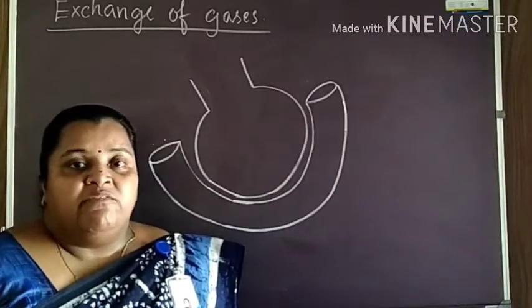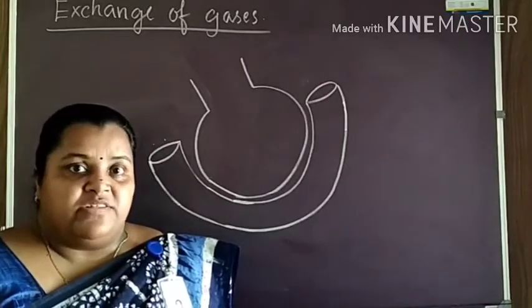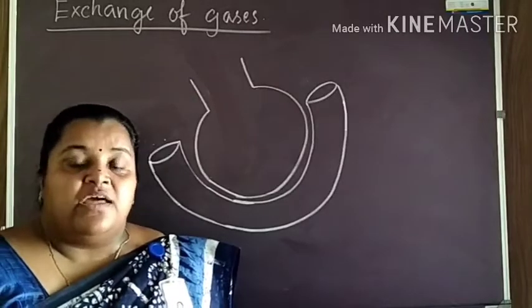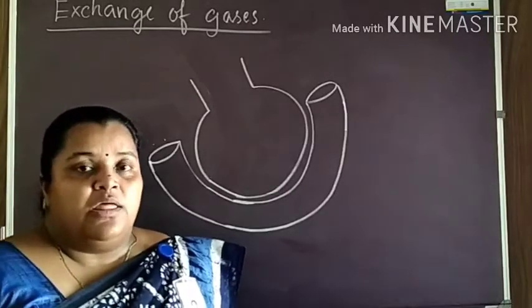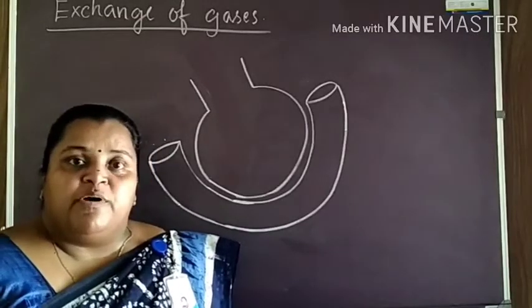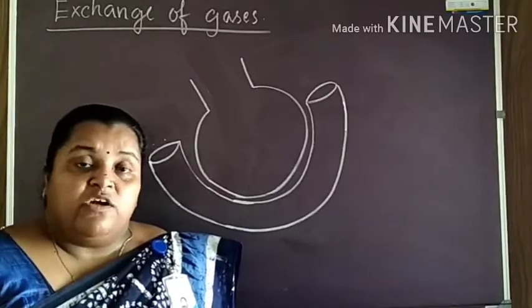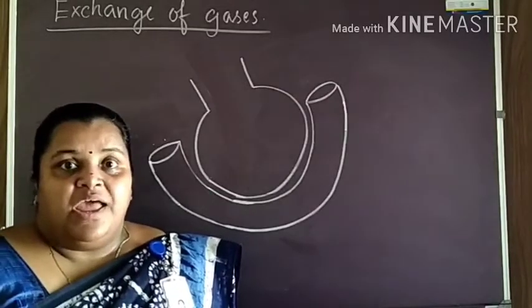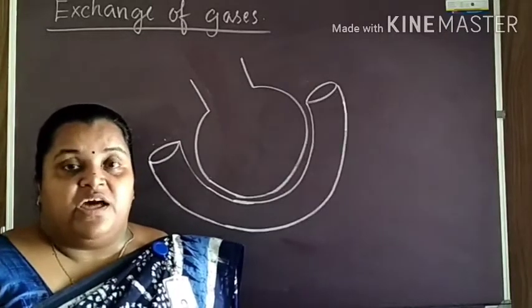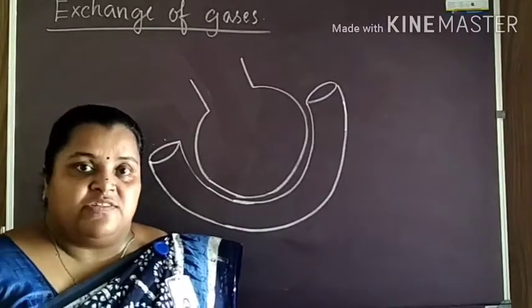The bronchi divide into bronchioles after entering the lungs and end with millions of air sacs known as alveoli. The wall of the alveoli is made up of a single layer of cells. Millions of alveoli and the single layer of cells increase the surface area for the exchange of respiratory gases.